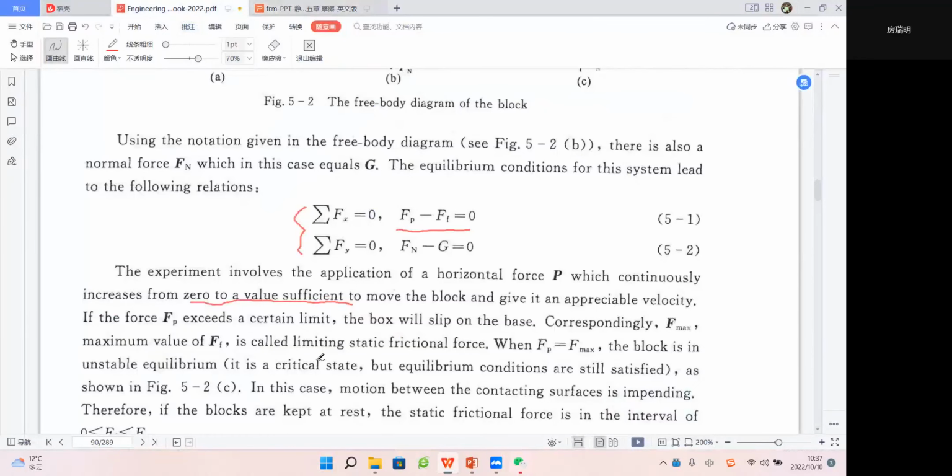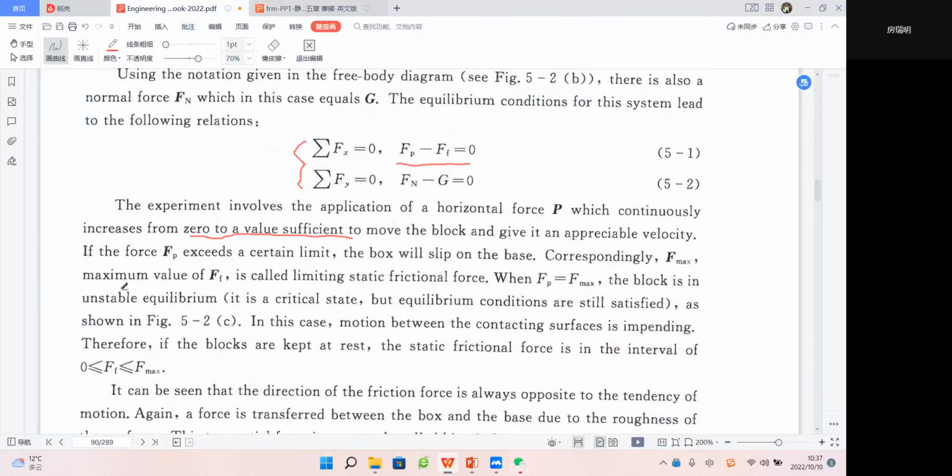So let's say as explanation, if the force Fp exceeds a certain limit, so that means we have a critical limit, the box will slip on the base, right? So correspondingly, we call that Fmax the maximum friction force these two materials in contact with each other can provide.